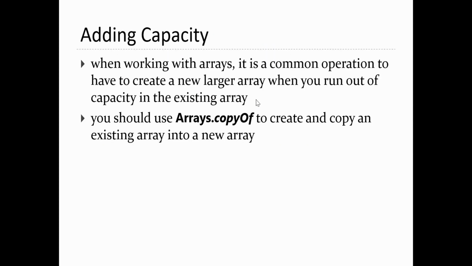All right? So it turns out that when you're working with arrays, this expanding or shrinking of an array turns out to be a very common operation. It's so common that there's a method that does it for you. In the Arrays utility class, there's a copyOf method that will copy an existing array into a new array for you.